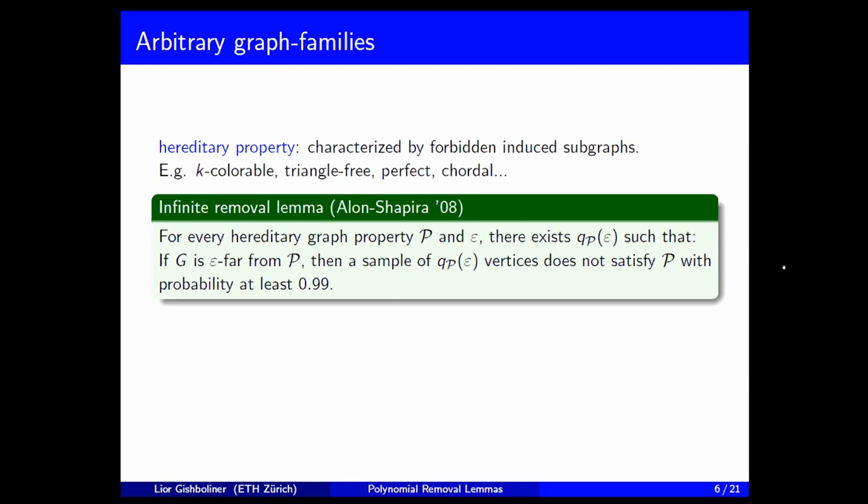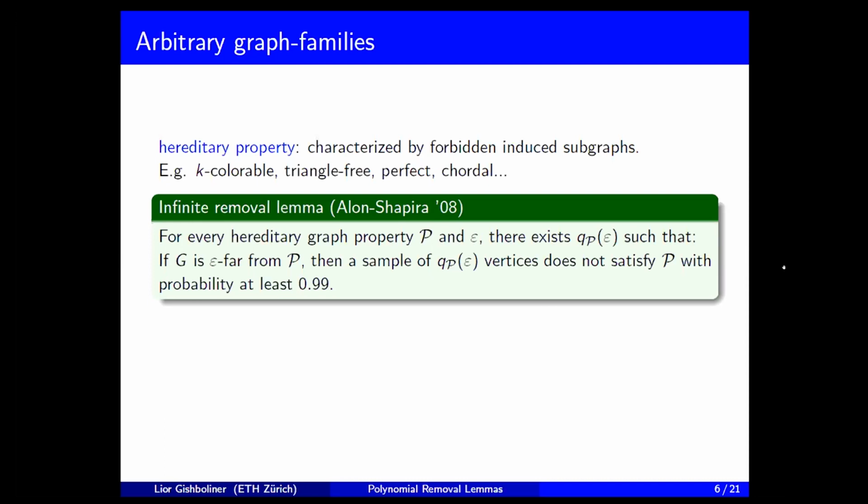So for every property P and for every epsilon, if a graph is far from P and we sample some number of vertices Q, where Q only depends on epsilon, then with high probability, this sample will not satisfy the property. And this allows us to have this testing algorithm for every property, right?